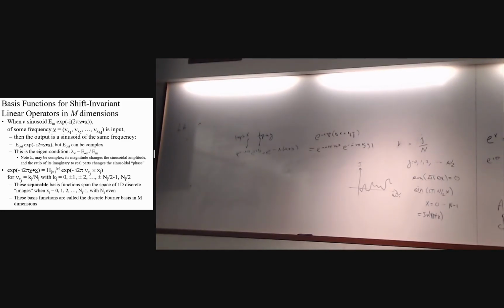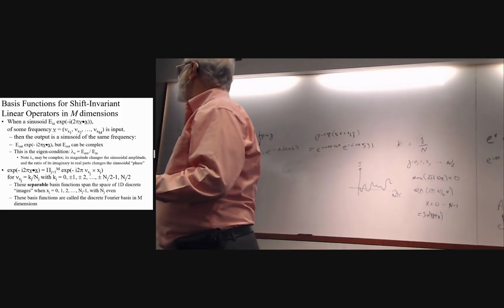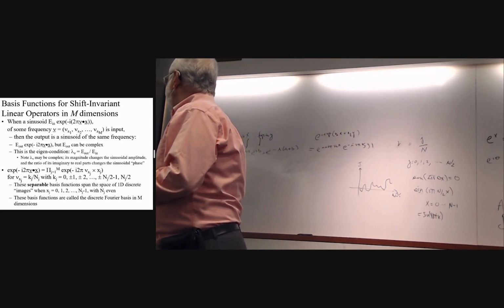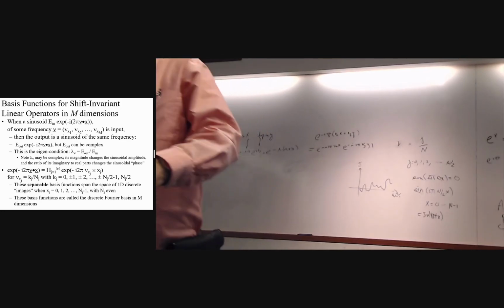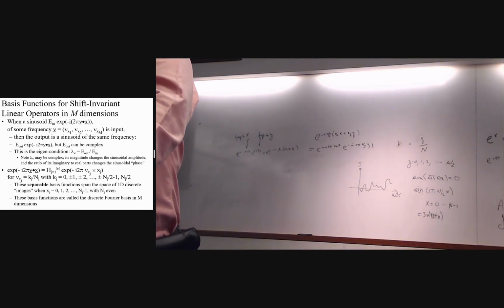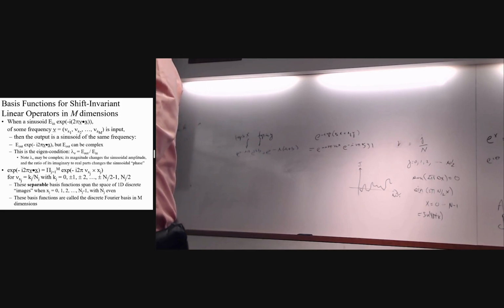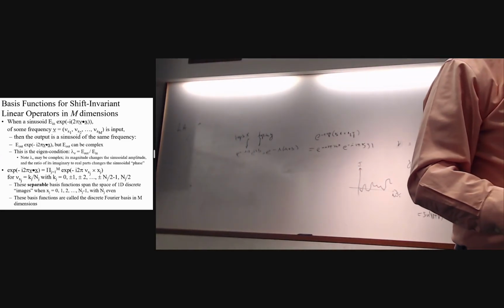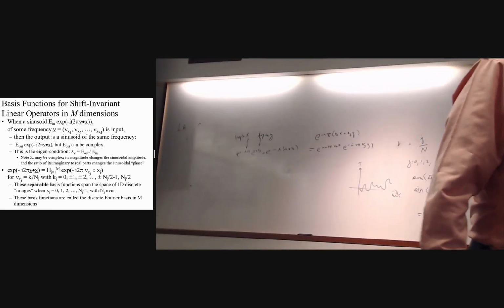Okay, so these separable basis functions are these one-dimensional sinusoids. And the guy who invented all this is a Frenchman named Fourier. And so these sinusoidal basis functions go under the name Fourier Analysis. Okay? The word Fourier transform simply means figuring out what the coefficients are of these frequencies. Okay?